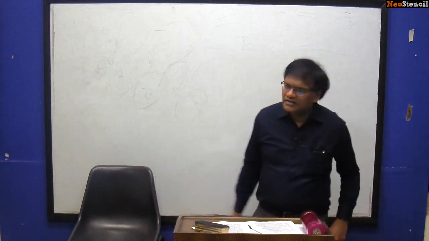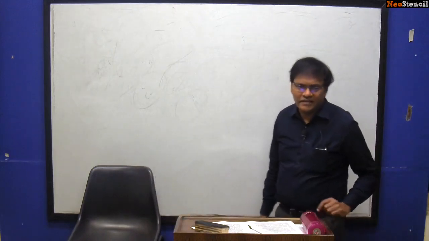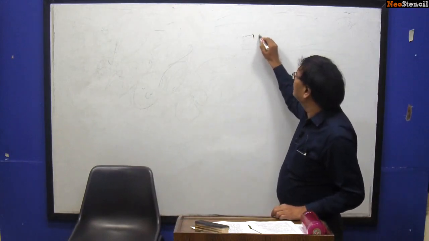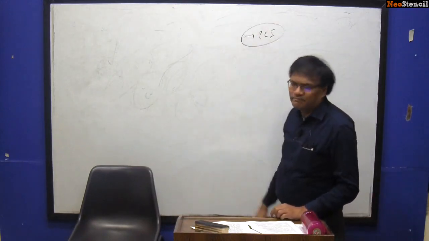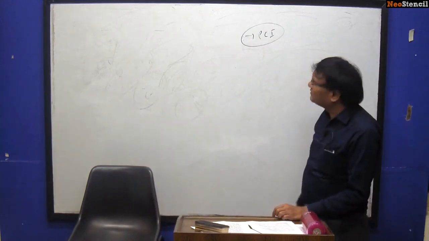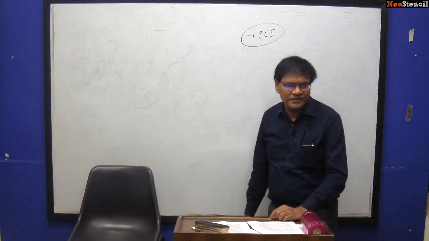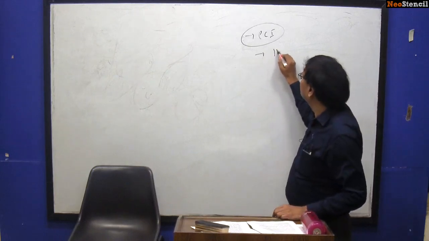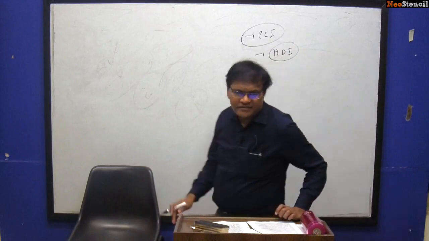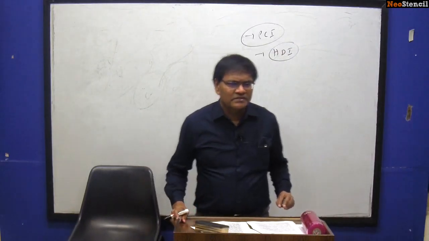So normally, what is the major criterion to decide whether a country is a rich or poor country? Normally we take per capita income. After some point of time, it was felt that per capita income was not sufficient. Then they came out with the HDI, Human Development Index, by taking some other parameters.